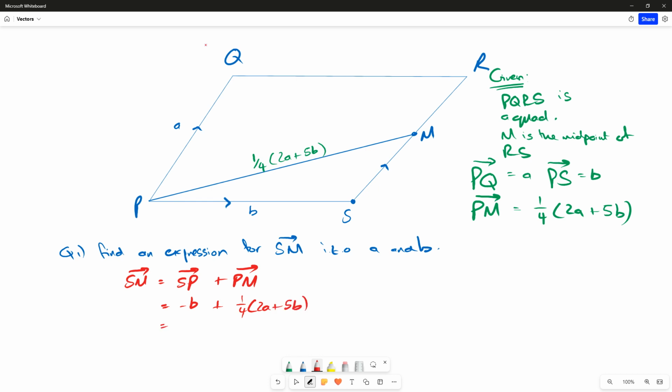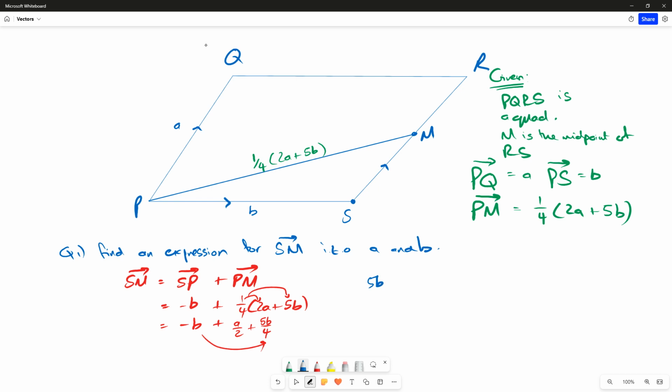And we, at this point, use this as an algebra, like terms and expanding brackets scenario. So we've got 2A over 4, which will become A over 2, multiplying it into the bracket twice. This will become 5B over 4. So we get A over 2 plus 1 over 4. And so we want to simplify that.